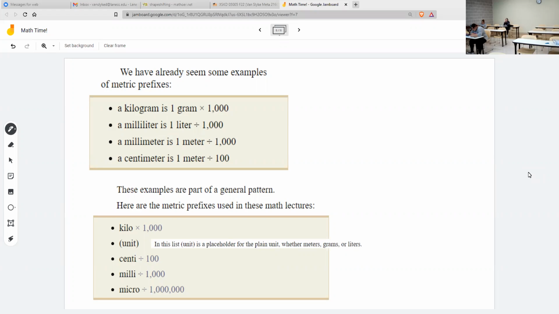We've already seen in our history of measurement units a few of the metric prefixes. There was a kilogram, and that was 1,000 grams. Remember that a gram was defined as the weight of a cubic centimeter. So something that's 1 centimeter on a side, like a cube.